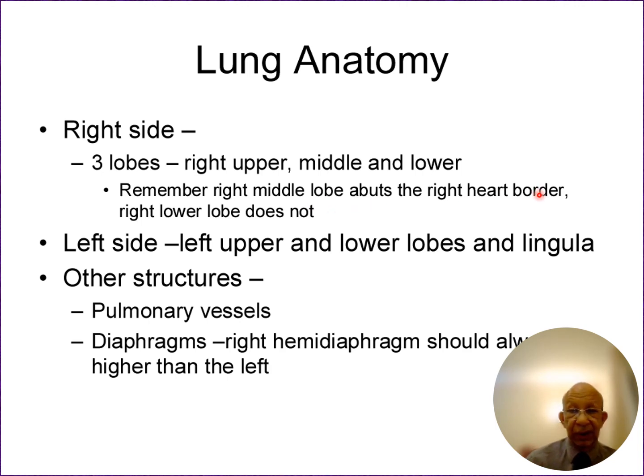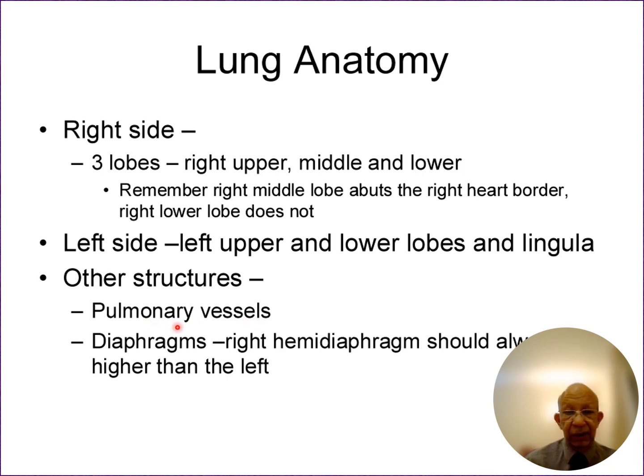So it's actually sitting by the right heart border, which is primarily made by the right atrium. On the left side, there are 2 lobes: left upper and left lower. The lingula is part of the left upper lobe, and it sits by the heart border, so it actually abuts the left ventricle.